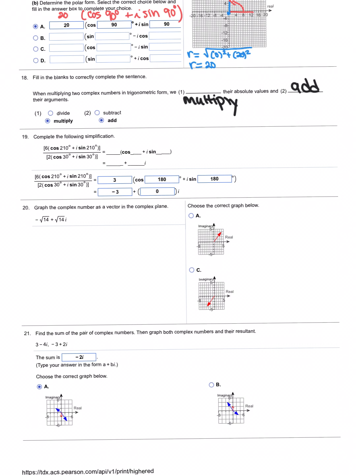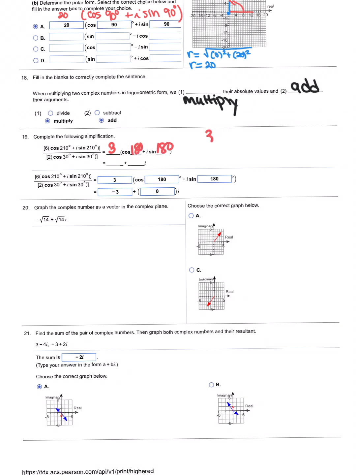So when we divide two complex numbers in trig form, we divide their absolute values, so we divide the r's, and we subtract their arguments, so we subtract the angles. So on number 18, that's a division problem, so we're going to divide the absolute values, which is 6 divided by 2, and that gives me 3. So we subtract the angles. 210 minus 30 is 180.